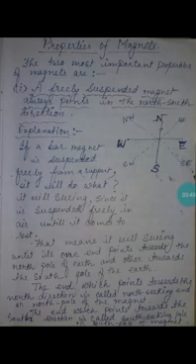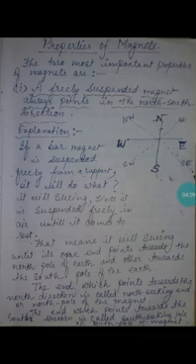We know a bar magnet has 2 poles, right? A north and a south pole. When the bar magnet is suspended freely from a support, it will swing, and when it comes to rest, one end points towards the north pole of the earth and the other end points towards the south pole of the earth.